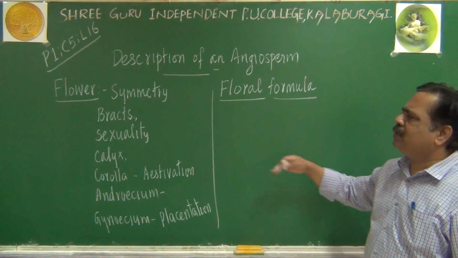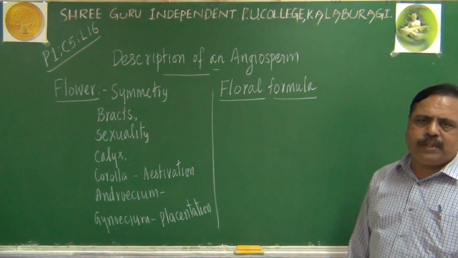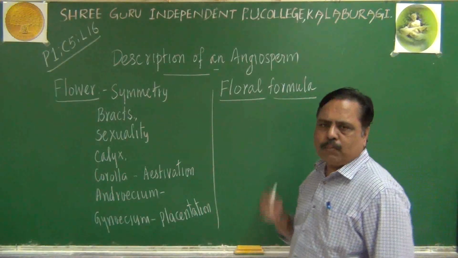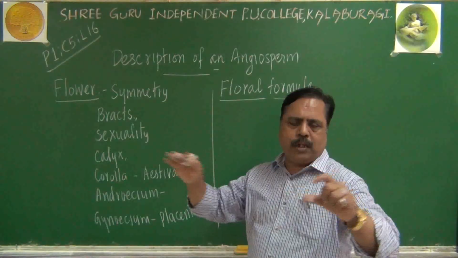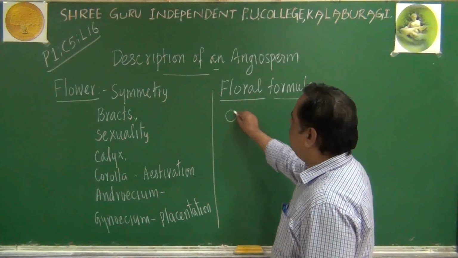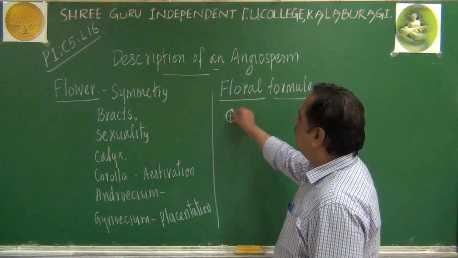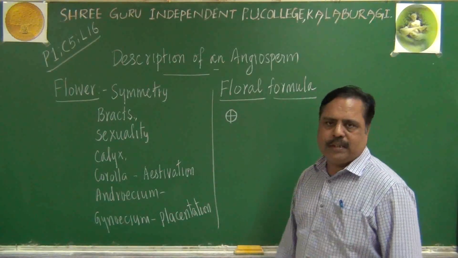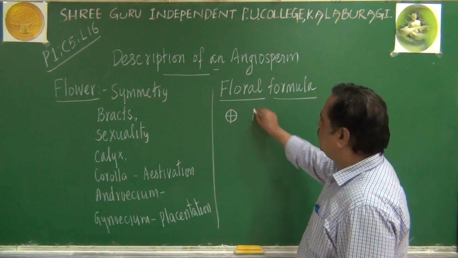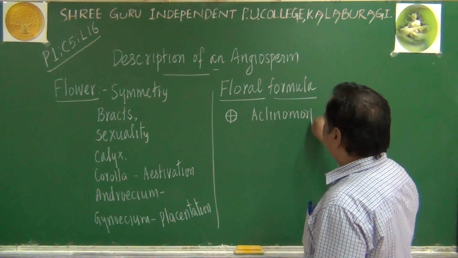Remember what kind of symbols we can use for describing a flower. In a floral formula, suppose I write a symbol like this, one circle I am putting, inside one plus mark I am putting, this indicates the flower is actinomorphic flower.